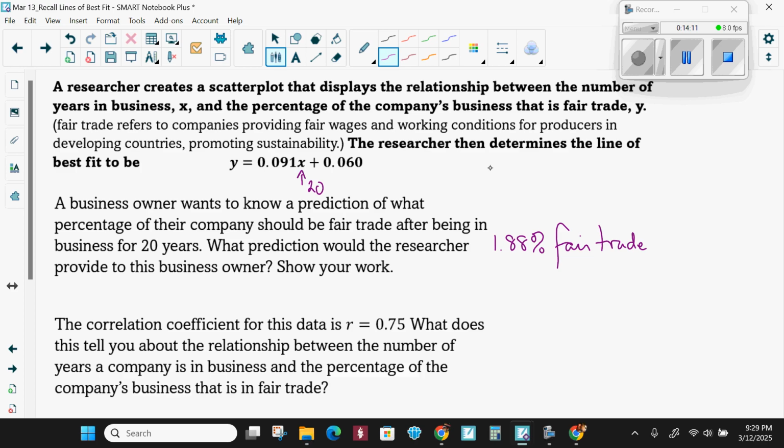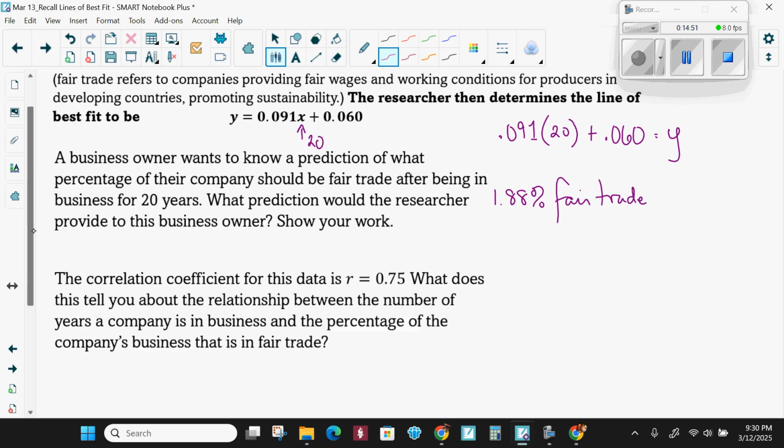The showing your work part would be 0.091 times 20 plus 0.060, and then you plug that in to get your 1.88%. Obviously this is in percent form, because otherwise it would be 188%, which wouldn't make sense because that would be more than their business is worth in fair trade. So this would be the prediction he would give for the businessman.